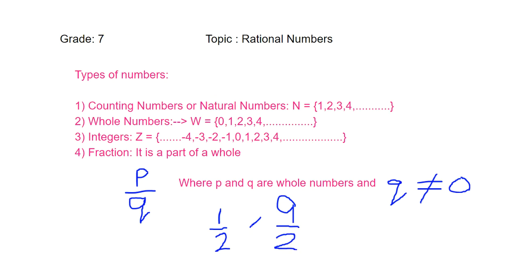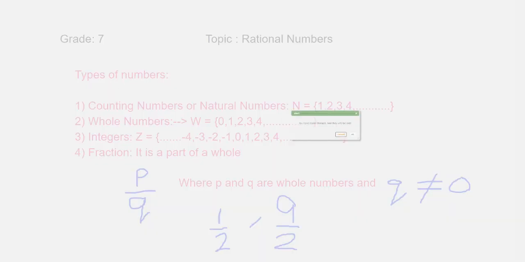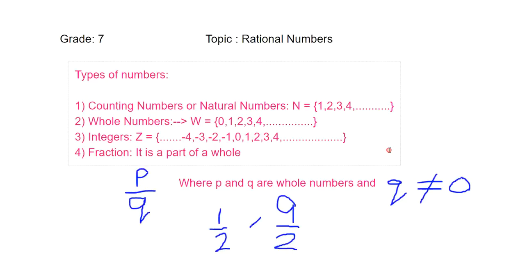Now let us come to our new type of numbers, which is known as rational numbers. So what are rational numbers? Let us first study the definition of rational numbers. One thing is clear, they are also a type of number. So what are rational numbers?